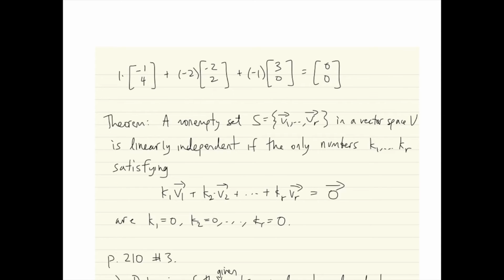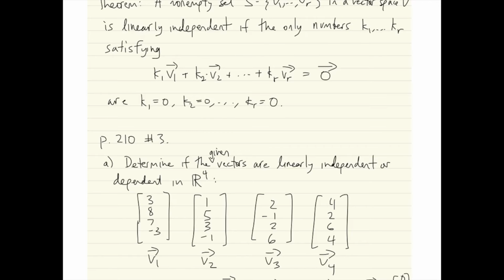This condition, that the only linear combination of the vectors adding to 0 is the obvious one, where all the coefficients are 0, is actually sometimes given as a definition of linearly independent. That's because it's very convenient. You just have to begin with a single equation and find that this is the only solution.